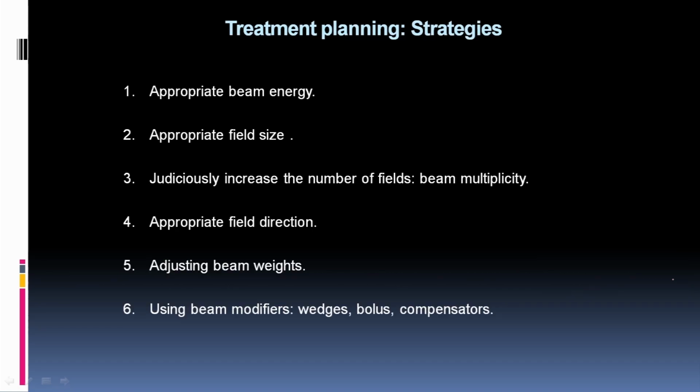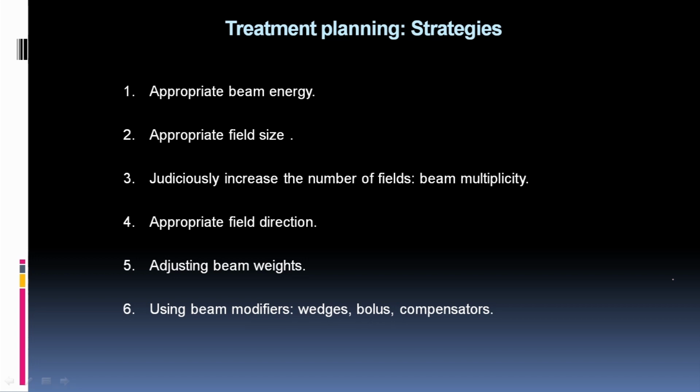Now, to achieve these 4 aims, we need to have some strategies so that we can achieve the aim of this radiotherapy treatment planning, and we can treat our patients safely. And what are the strategies? First one is, we need to select the appropriate beam energy.